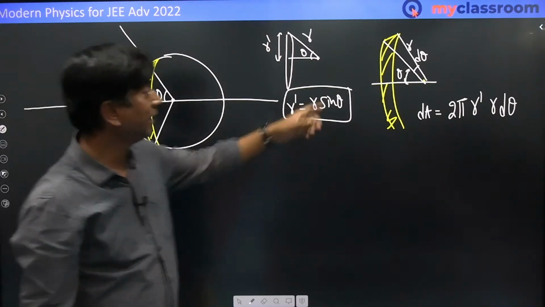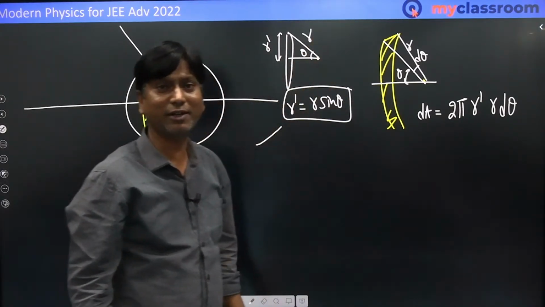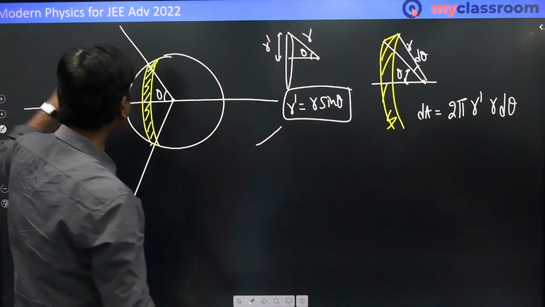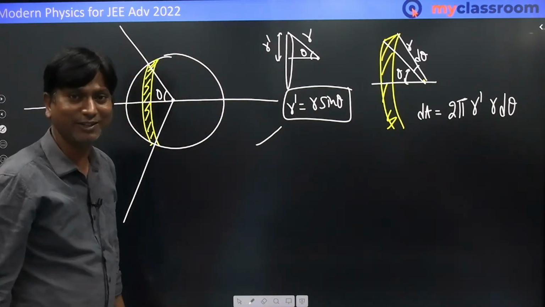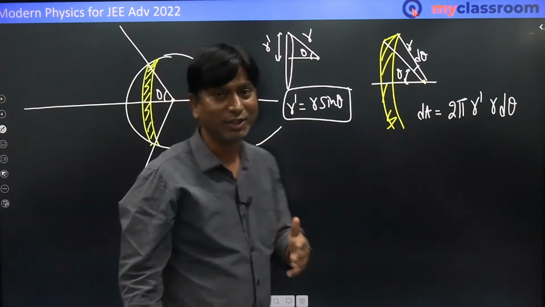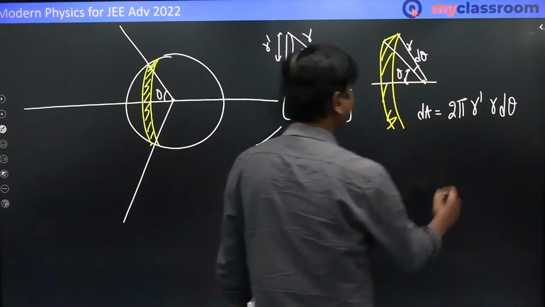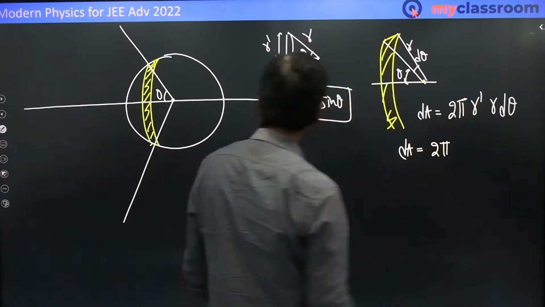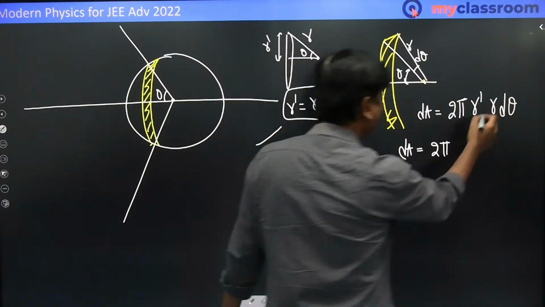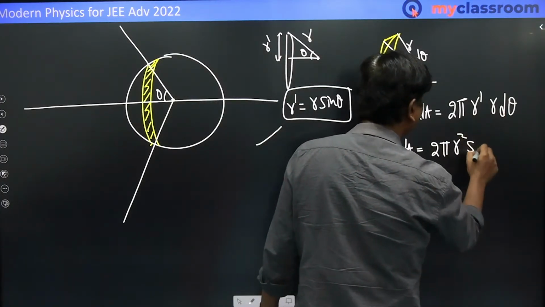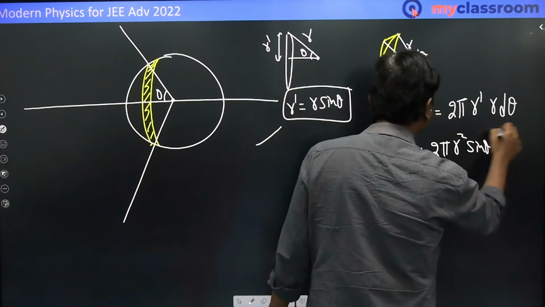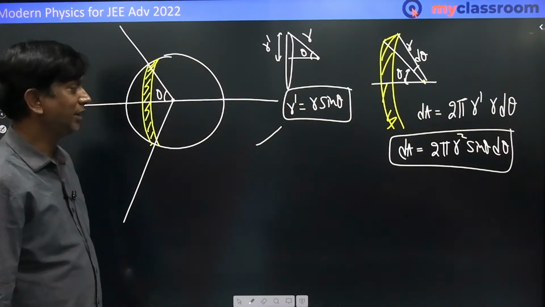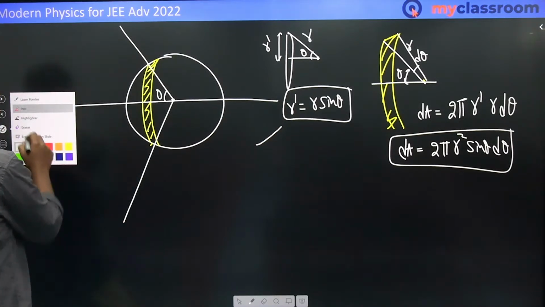Thickness gives you the area of this strip, whatever you are trying to select. Okay, what is the use of that area of the strip? First we will consider photons are hitting this strip. In that way I will try to consider and I will try to solve it, right? So here I can write it as 2 pi into, what is r dash? r sin theta into r, so 2 pi r square sin theta d theta. dA. Okay. That area of the strip we have calculated.